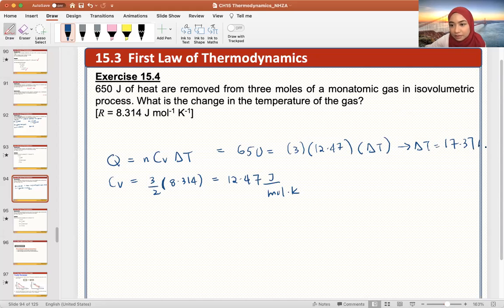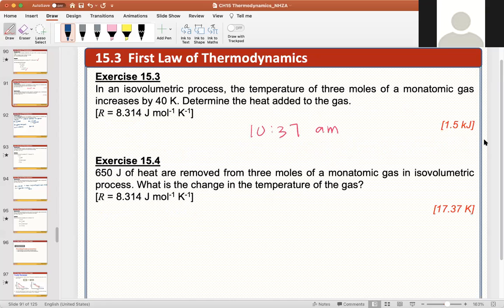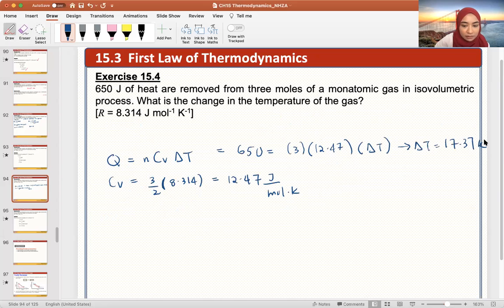Is that the right answer? Okay, betul. So let's see how she did it. 650 joules of heat are removed. Q is supposed to be negative from 3 moles, so N equals to 3. In isovolumetric, delta V equals to 0, W equals to 0. What is the change in temperature of the gas?